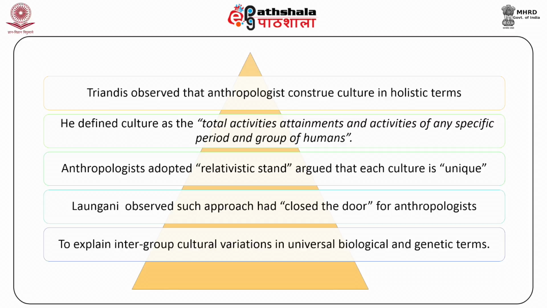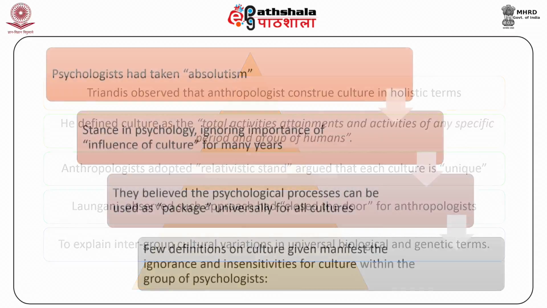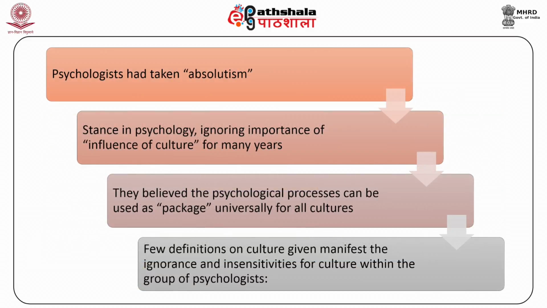Laungani, 2007, observed such an approach had closed the door for anthropologists to explain intergroup cultural variations in universal biological and genetic terms. In contrast, psychologists had taken an absolutist stance, ignoring the importance of the influence of culture for many years.